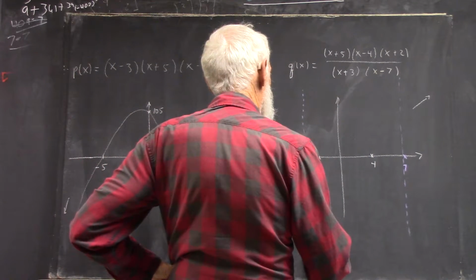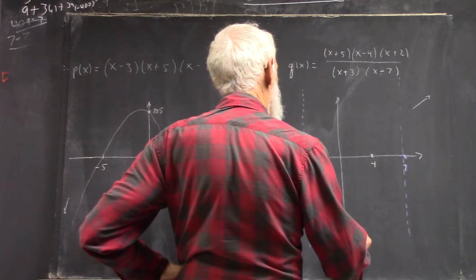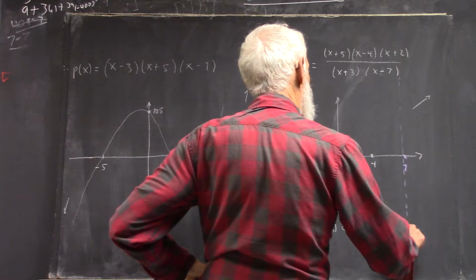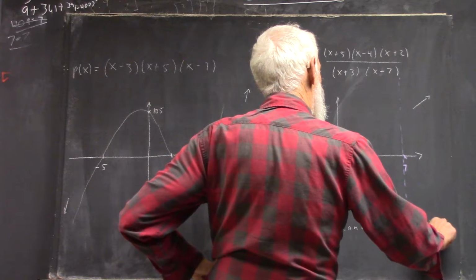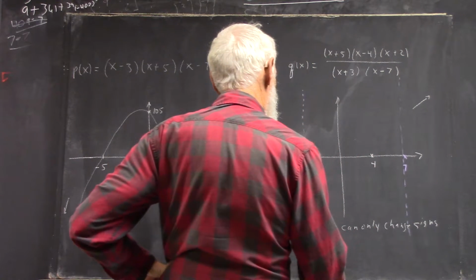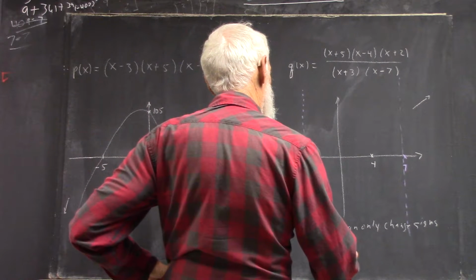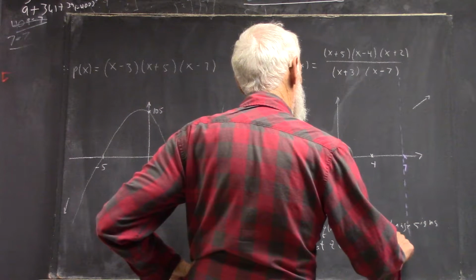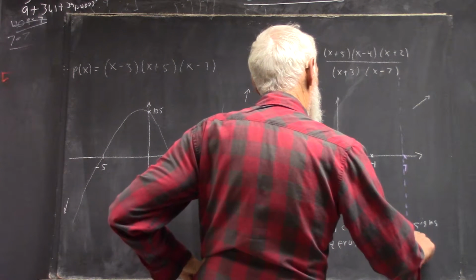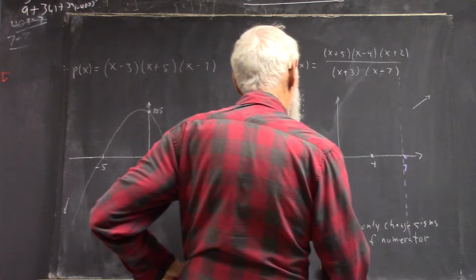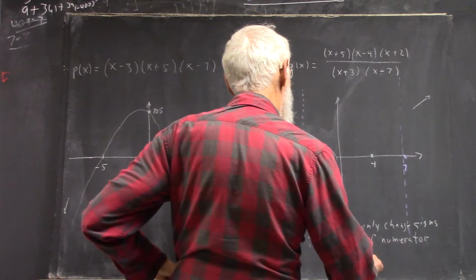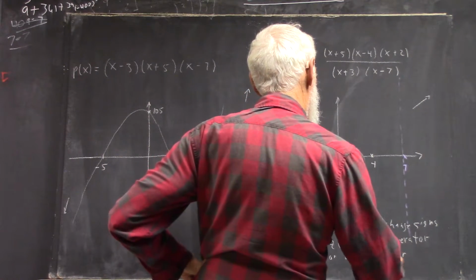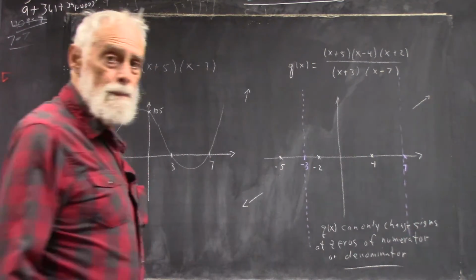Okay, and the other thing is, Q of X can only change signs at zeros in the numerator or the denominator. Okay?